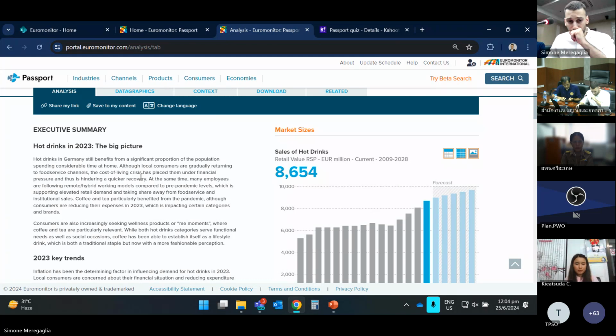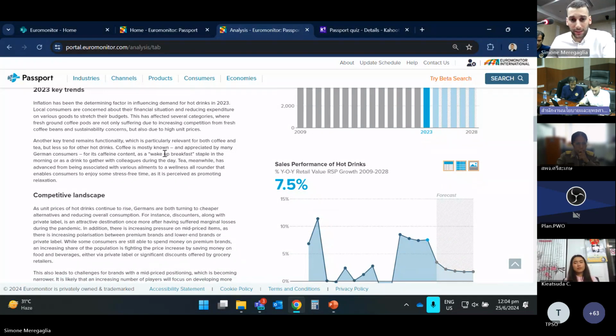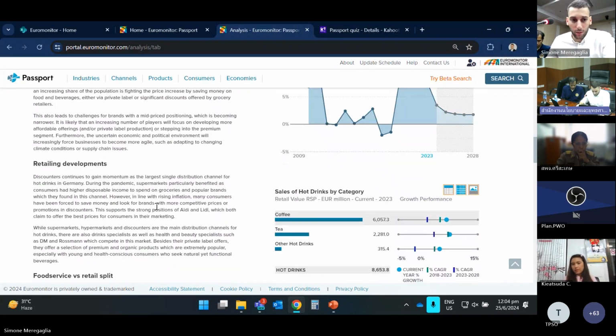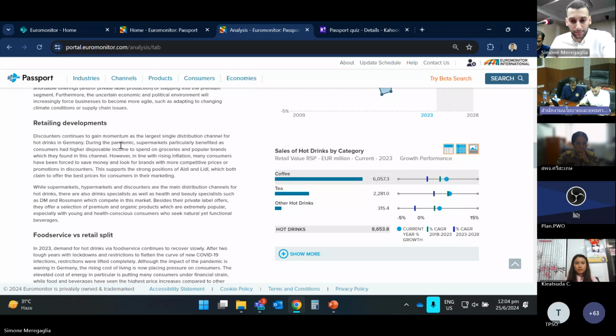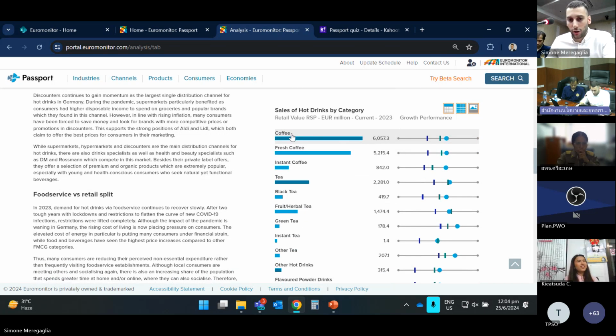Then we also have insights like the big picture of the whole hot drinks industry in Germany in 2023. What are key trends that we see in the consumption of hot drinks in Germany? What is the competitive landscape looking like? What are the developments in retail? And within hot drinks, what sort of categories are selling the most?